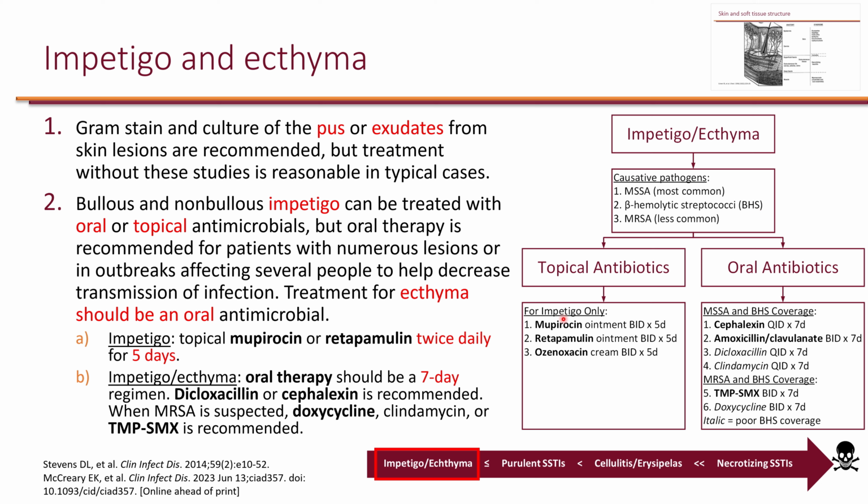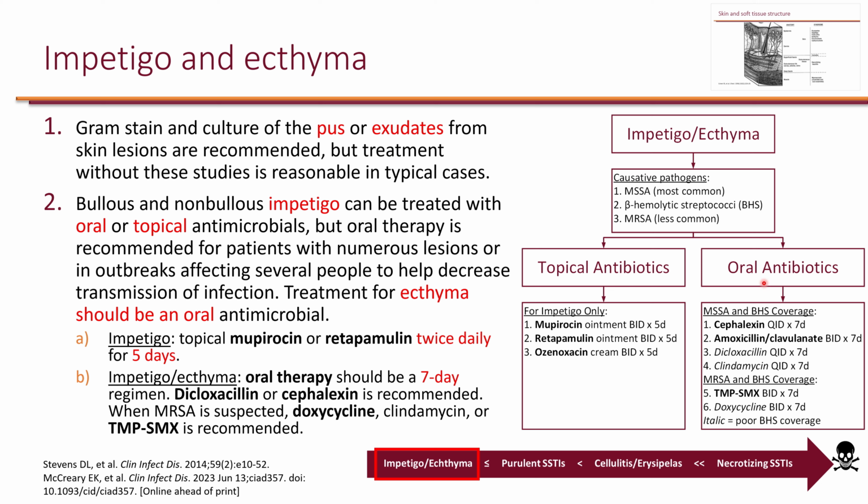So with impetigo, because it can be in the epidermis only, we can use topical agents. These are ointments and creams that patients can apply to the area, and that's best because it goes to the site of infection and doesn't cause collateral damage, for example, affecting the gut microbiome. Now, with both impetigo and ecthyma, because it goes to the dermis layer, oral antibiotics are recommended.